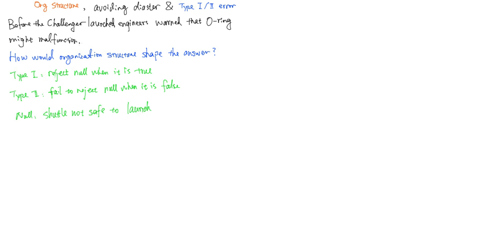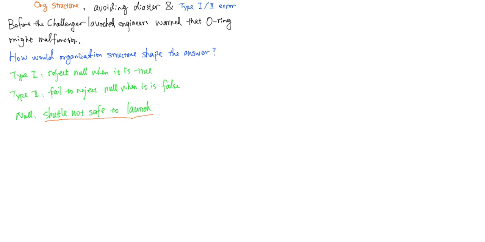Type 1 error in statistical work means we reject the null hypothesis when the null hypothesis is true, and type 2 error is we fail to reject the null hypothesis when it is actually false. In this case, the null hypothesis that we want to reject is that the shuttle is actually not safe to launch, so we should not launch the shuttle.